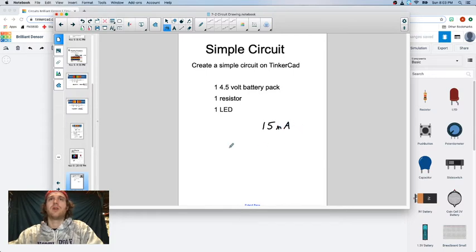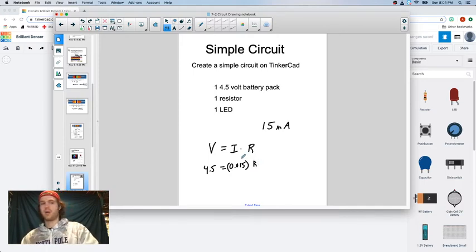I think that's right. Oh, I made that number up. Hope it's right. Okay, and we have voltage equals current times resistance. The voltage we have is 4.5 volts. The current that we want is 15 milliamps, which is 0.015 amps. And we get our resistance.